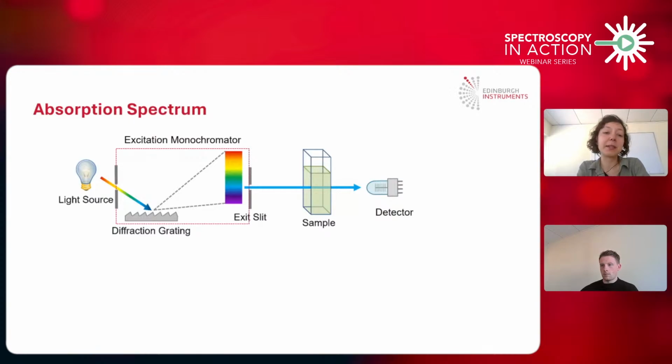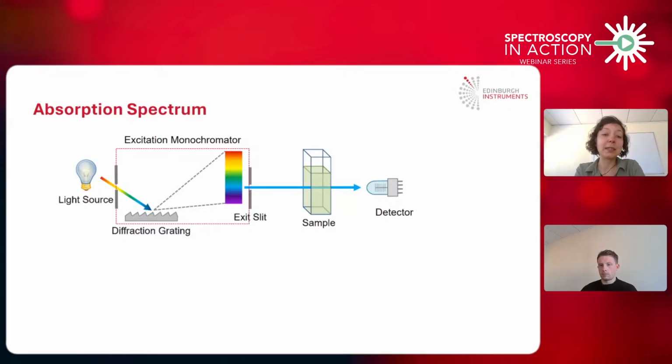Let's get on to practical matters, and let's see how to measure an absorption spectrum in the FS5. You have the light source there, which gives you a white light spectrum, and the measurement involves scanning the source's wavelength using the excitation monochromator. So there's a grating that moves and selects the wavelength.